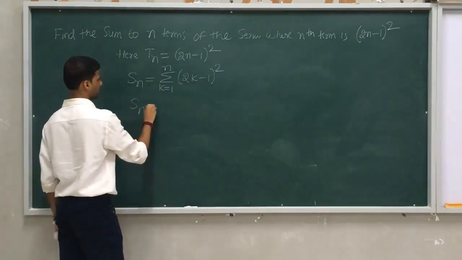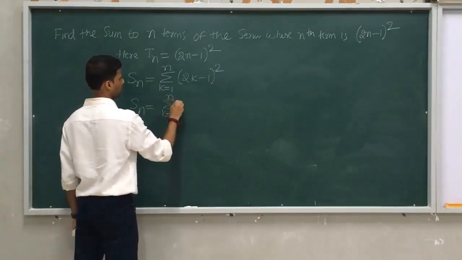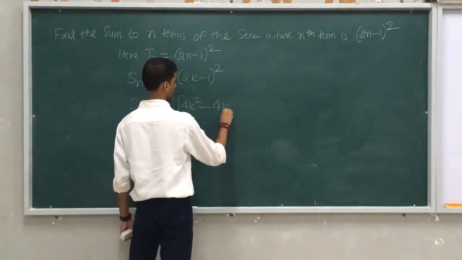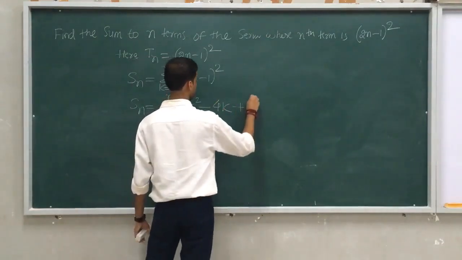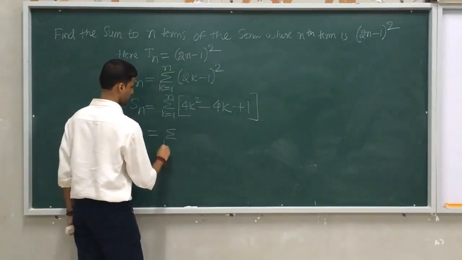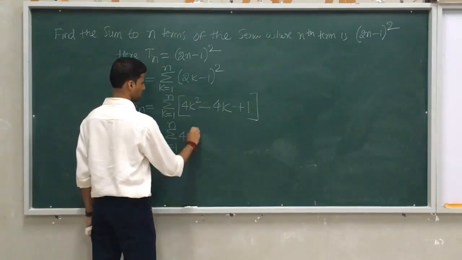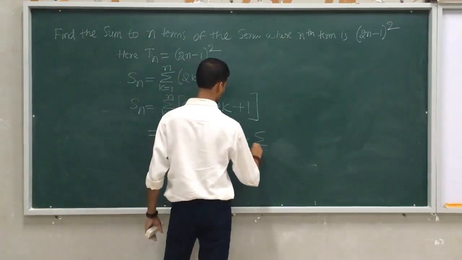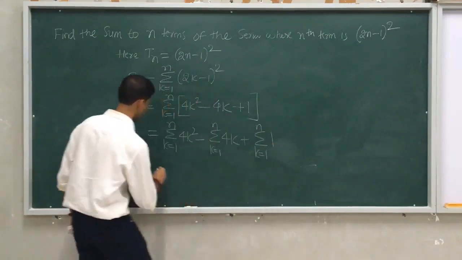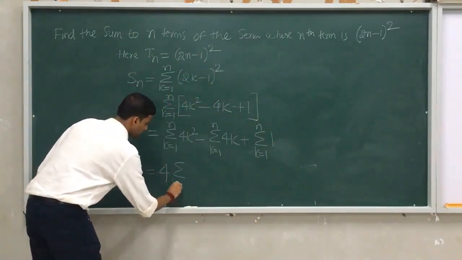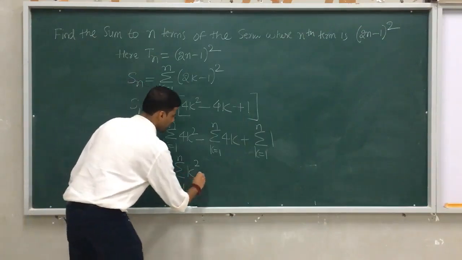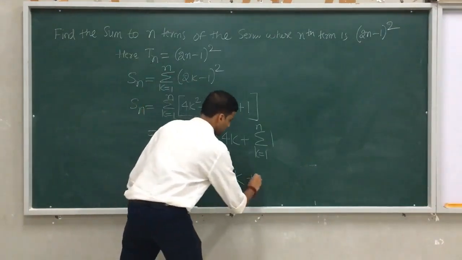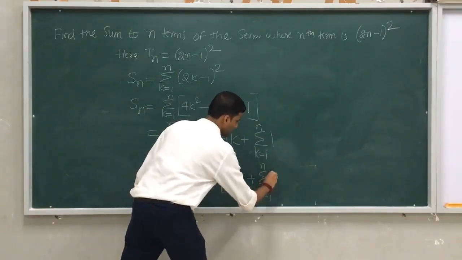Then Sn is equal to summation of k from 1 to n of a square minus 2ab plus b square, which is nothing but summation of k from 1 to n 4k square, minus summation of k from 1 to n 4k, plus summation of k from 1 to n 1, which is 4 outside, summation of k from 1 to n k square minus summation of k from 1 to n k plus summation of k from 1 to n 1.